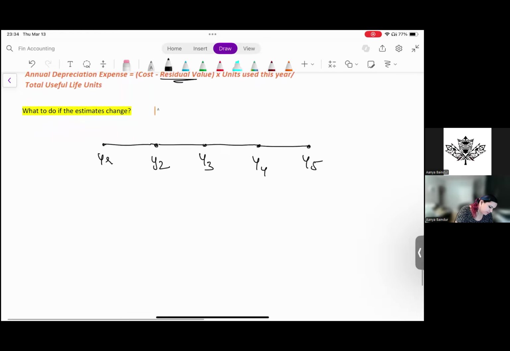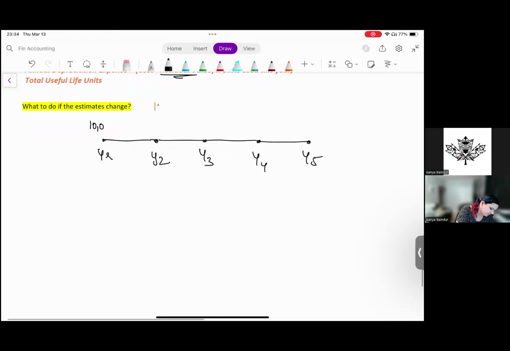Let's say we bought a piece of equipment for $10,000, and we estimated that it'll last for 10 years. Let's forget about residual values now. So now the question tells us that each year we'll be depreciating it by the straight line method. So each year we'll be depreciating it by $1,000.